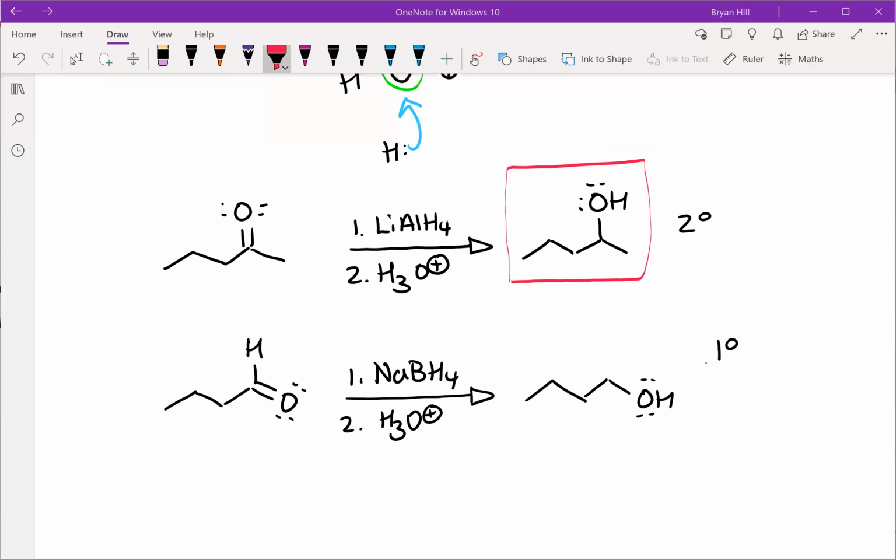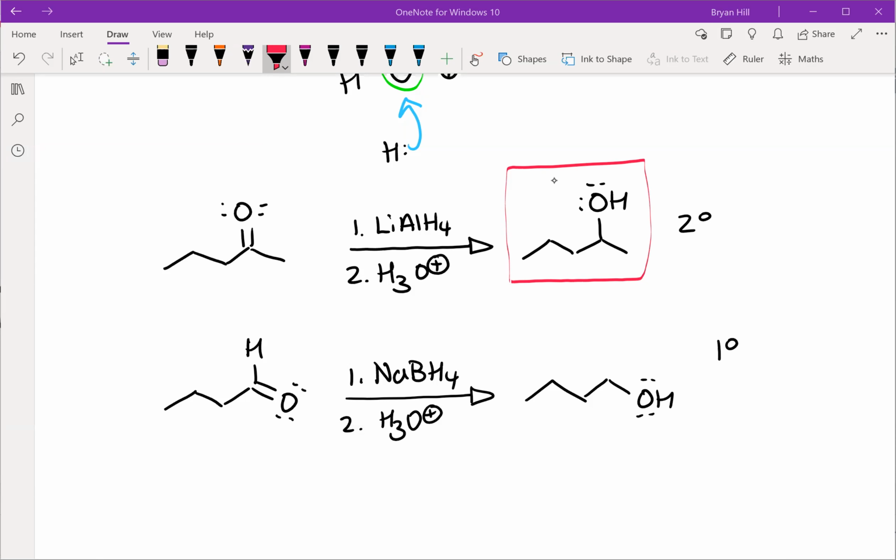Right, it would be a mixture of enantiomers. Because we've got a methyl group on one side and a propyl group on the other, it would be a mixture of 2 enantiomers. In the case of primary alcohols, it'll just be 1 stereoisomer.